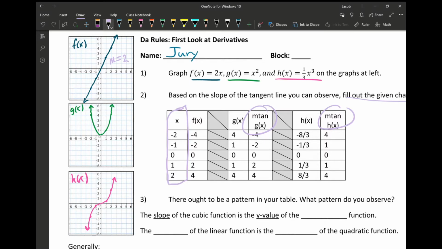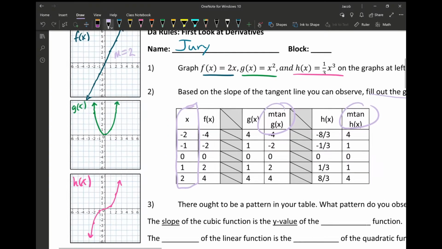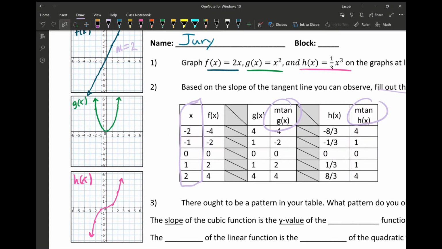But then if we look at the slope of the tangent line for g of x at, let's say, x equals -2, so if we look at this column and this row, we end up with a slope of -4 when x equals -2 on g of x.